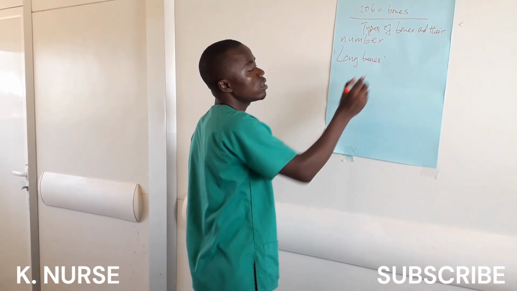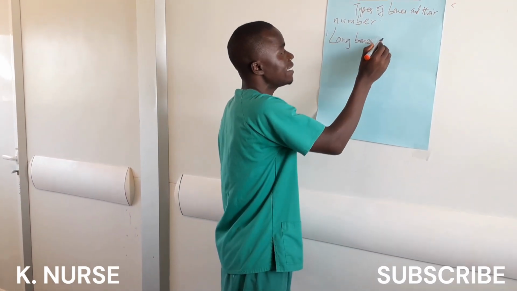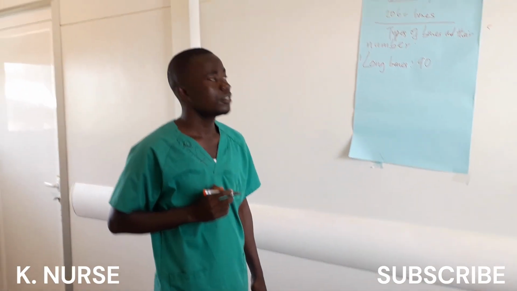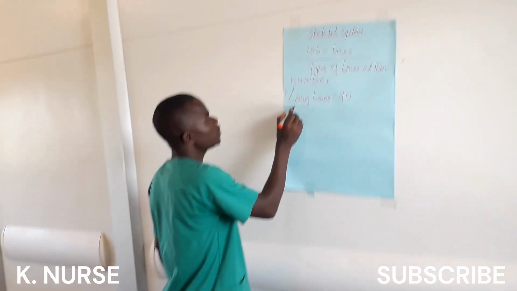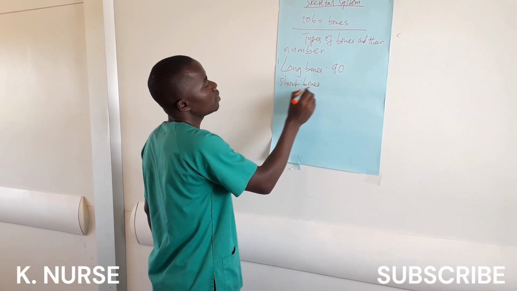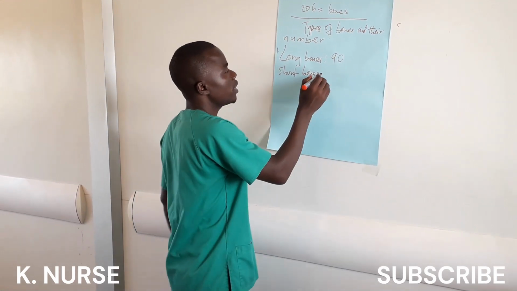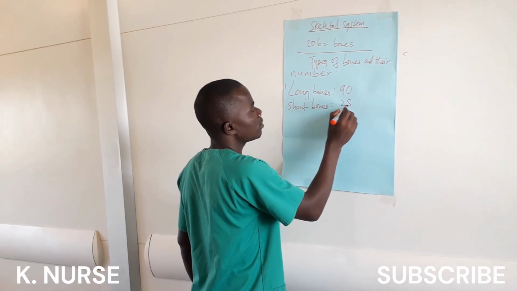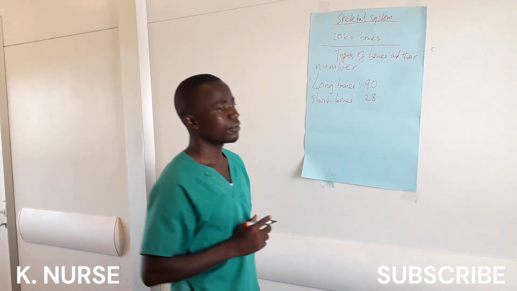The long bones are made up of 90. And we have the short bone. The short bones are made up of 28.